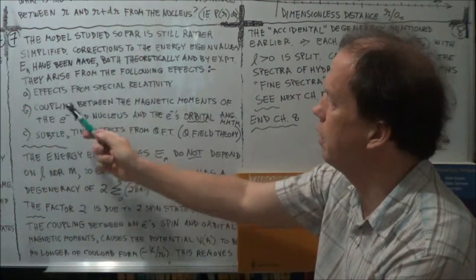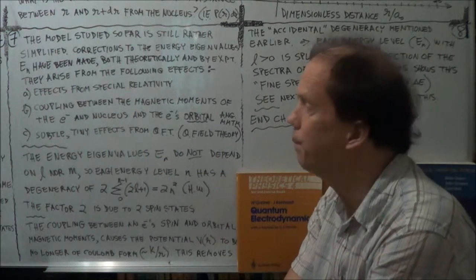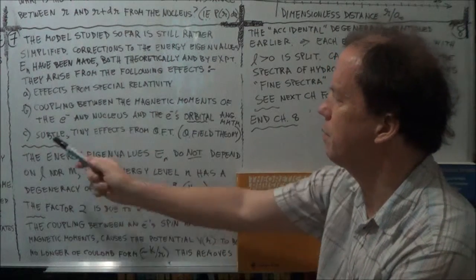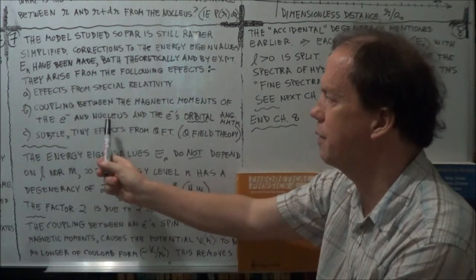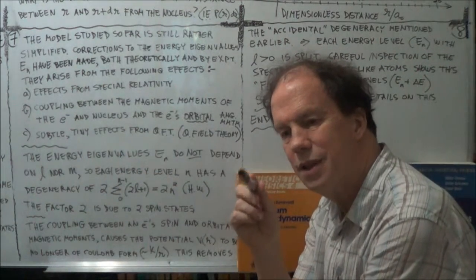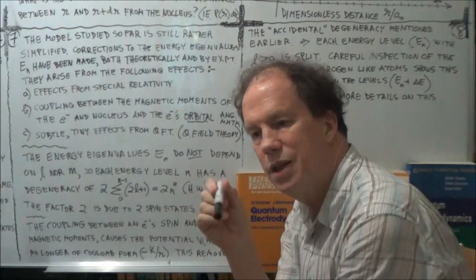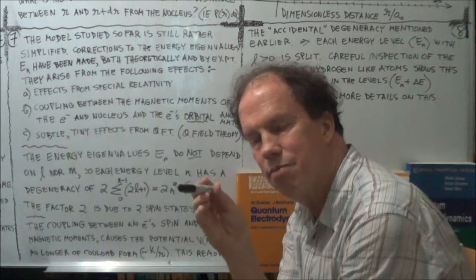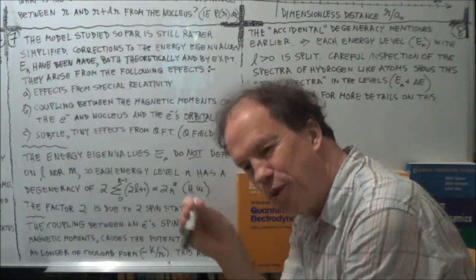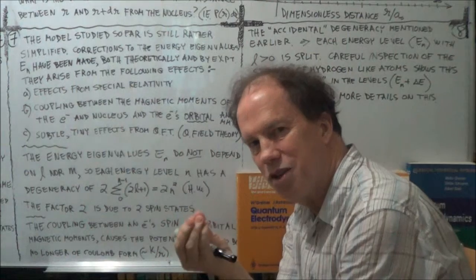Another one is, now we'll talk a little bit about this next chapter, both the electron and the nucleus have magnetic moments. It's a rather crude analogy, but imagine charge almost like a fluid rotating around inside the proton or the electron.